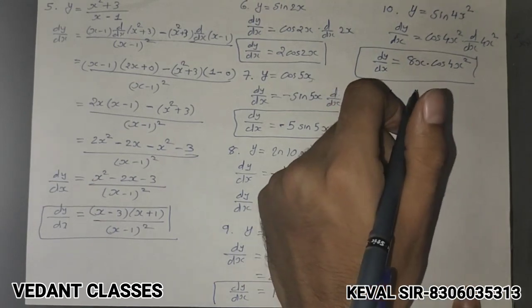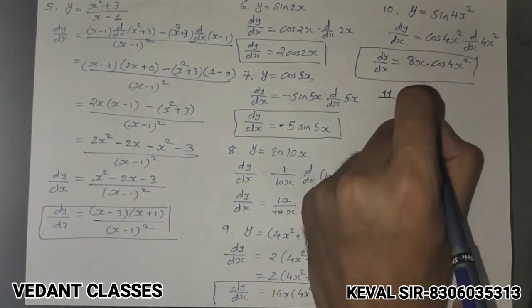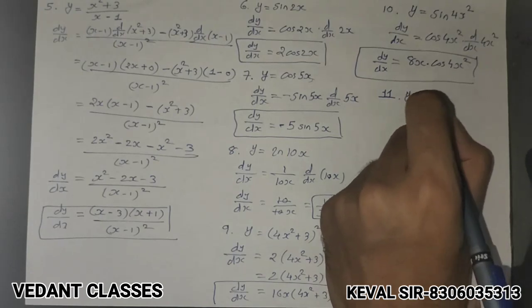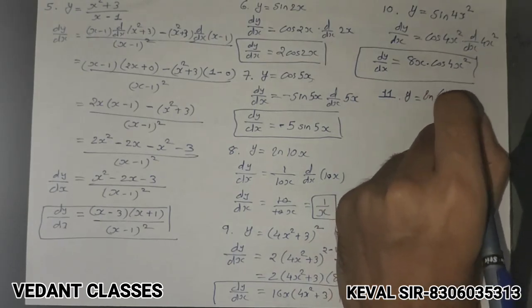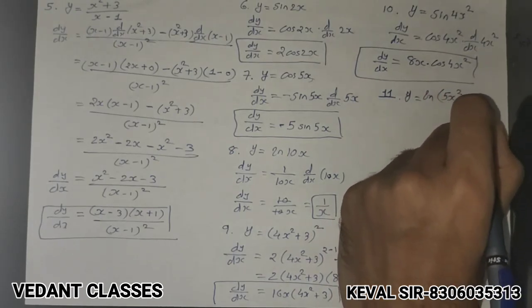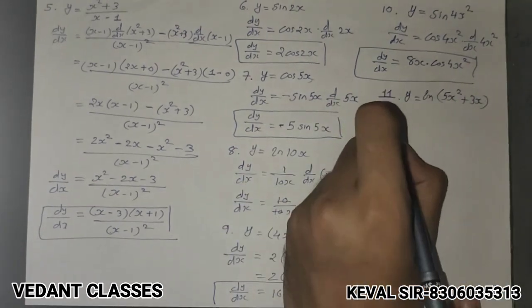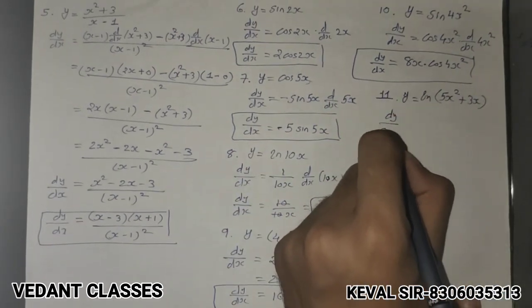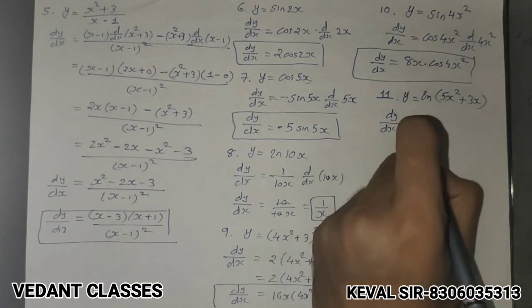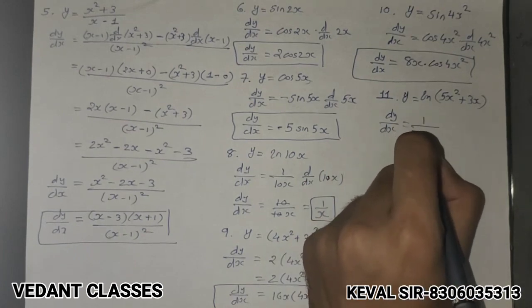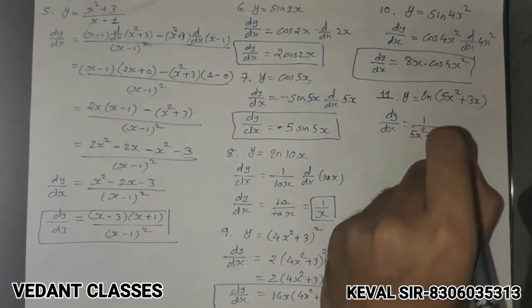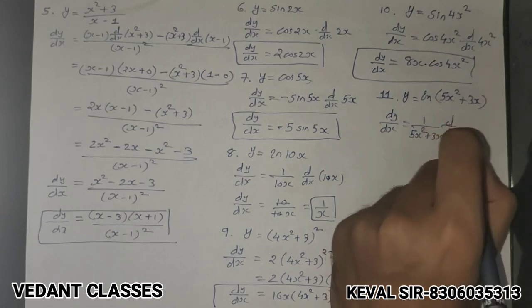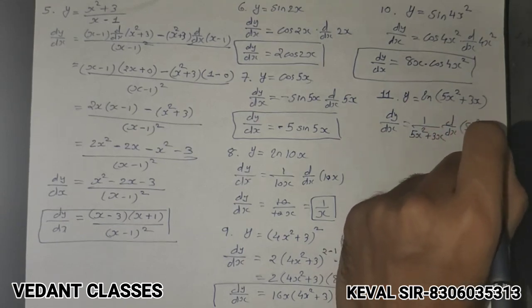Now let's solve the next one. Let's say y is equal to ln 5x square plus 3x. Again it's a composite form, so dy by dx, first carry out the derivative for ln, so it will be 1 upon 5x square plus 3x, then carry out the derivative for 5x square plus 3x.